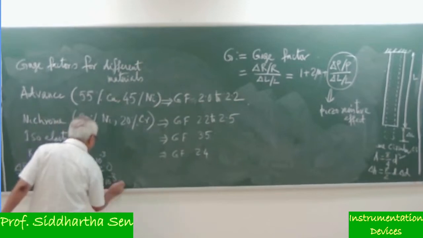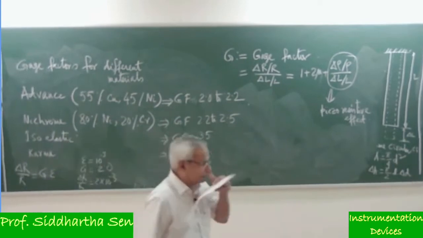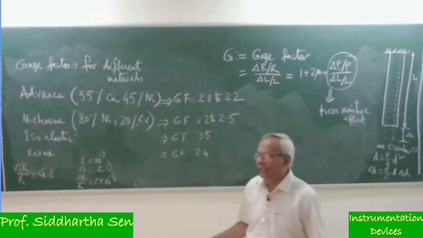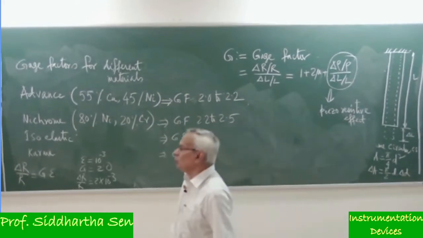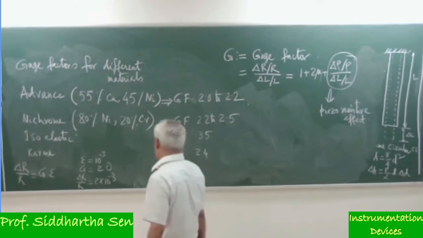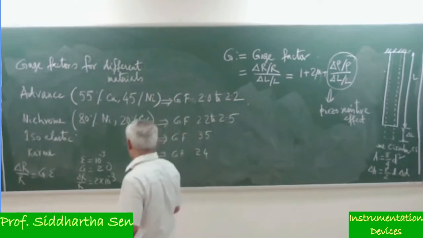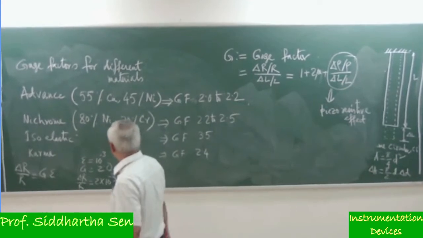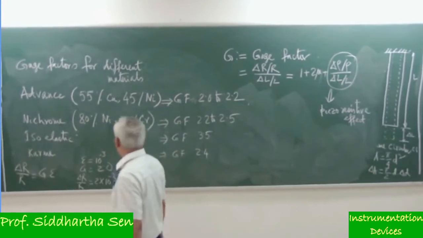So, in percentage, the change in resistance is very small, around 0.2 percent. So naturally the variation of resistance is small in these cases.